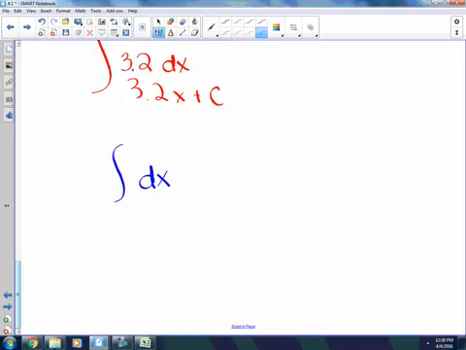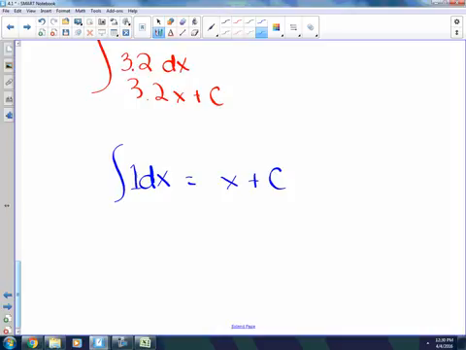Almost. When they don't put anything in there, 1 is always our placeholder. So what is your integral of 1? So this is x plus c. So that one's a little tricky because you're not sure what they want in there, but 1 is always a placeholder.